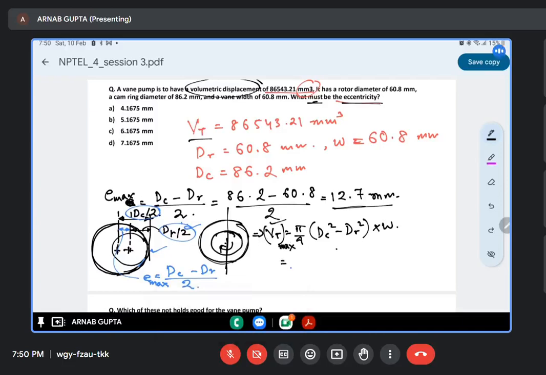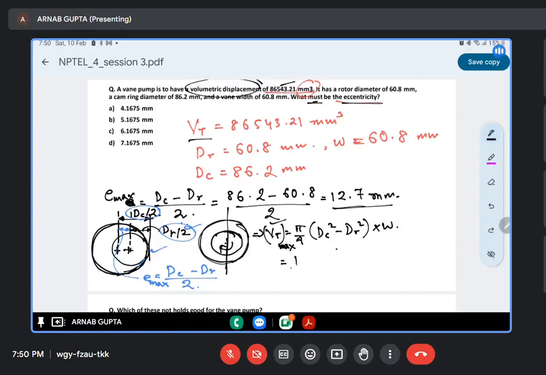This Vt is not this particular thing. This is the actual volumetric displacement. So if you try to find out Vt max, you just try to calculate it once again. Pi by 4 multiplied by dc square minus dr square. So that's 86.2 square minus 60.8 square, multiplied by the width, that is 60.8.